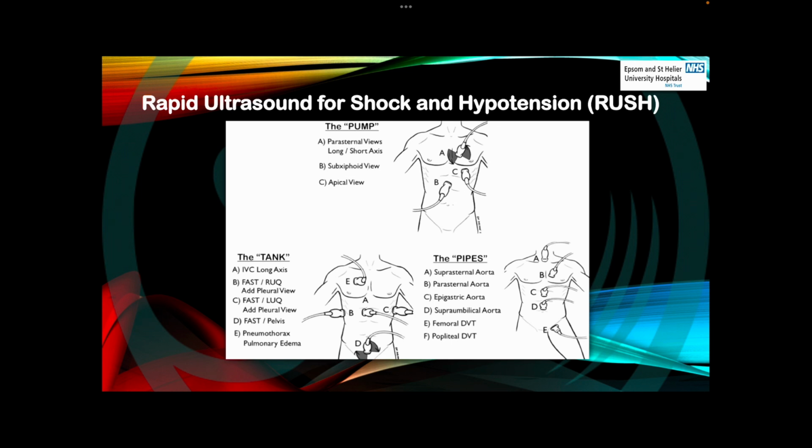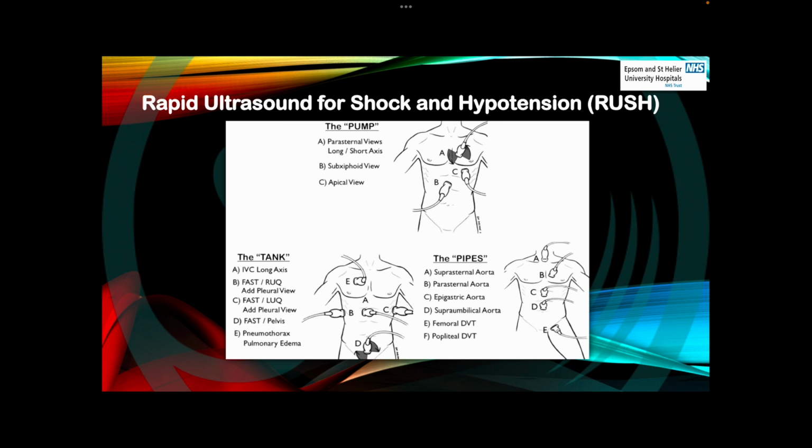Leaking of the tank means there is blood loss, for example, fluid extravasation, or other pathological fluid collections. Views of the hepatorenal and splenorenal areas, and the bladder area, are for intraperitoneal collection. For tank compromise, assess both hemithoraces for pneumothorax, and for tank overload, assess both hemithoraces for pulmonary edema. So these are talking about the tank.